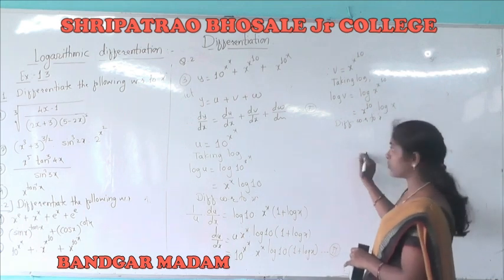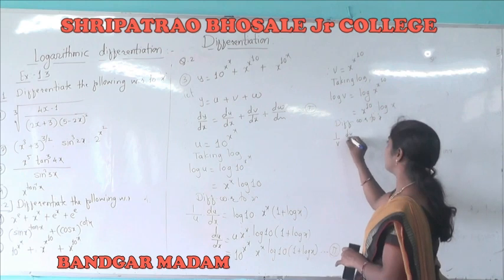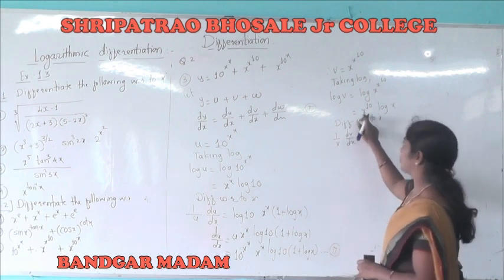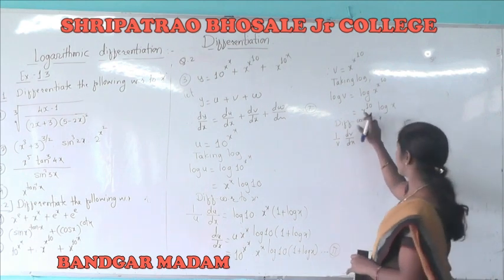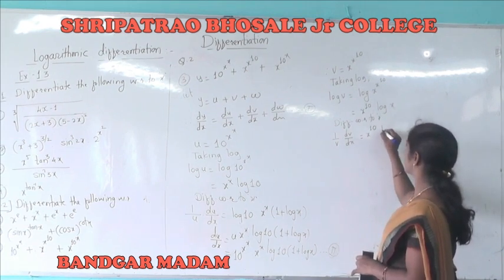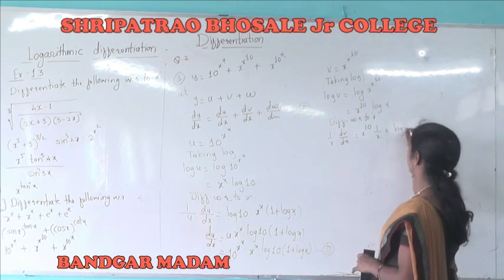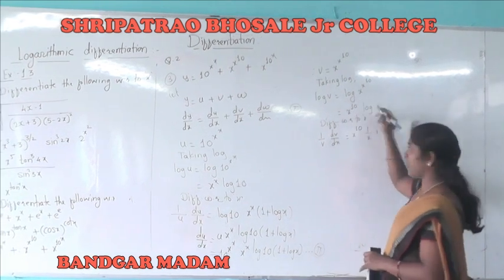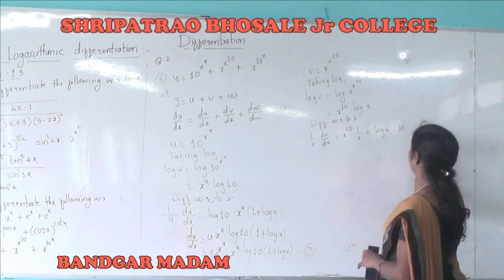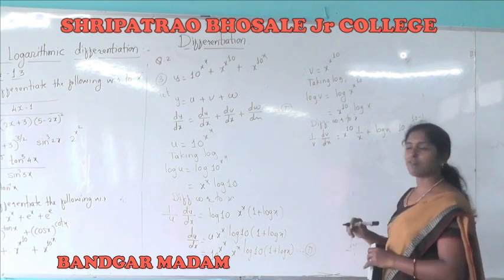Differentiating, we get derivative of log v, 1 by v dv by dx, is equal to 10 as it is, derivative of log x is 1 by x, plus log x as it is, derivative of x raised to 10, which is 10 into x raised to 10 minus 1, x raised to n form.